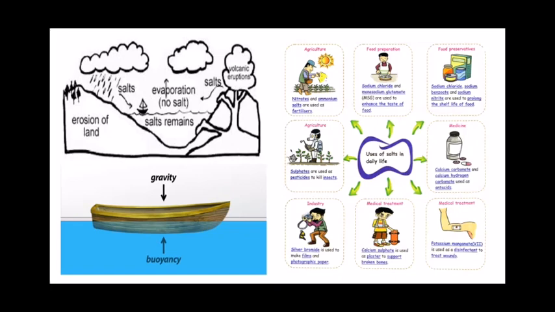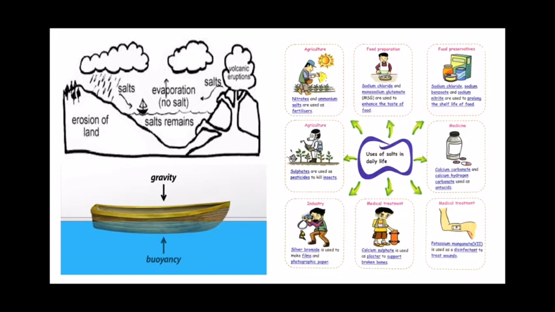It is also used in ice factories. If you remember our last lesson, the experiment that we did for artificial rainfall, on the lid of the container, what did we put? We put ice and salt. So salt is also used for that purpose as well. So salt is used for various purposes.